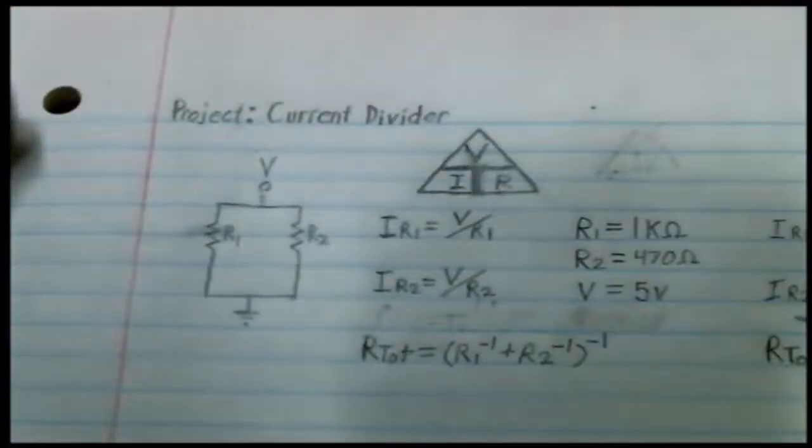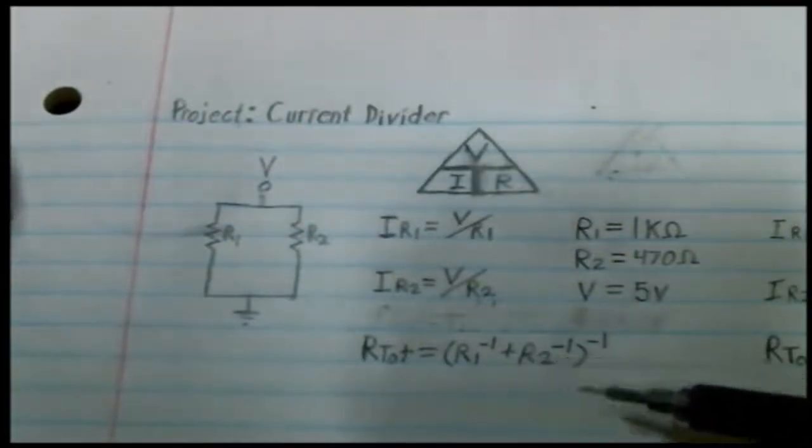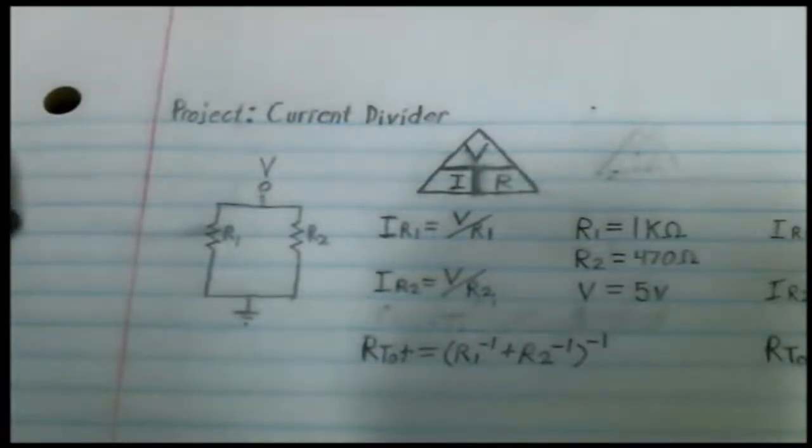So the way to calculate the equivalent resistance of the two resistors is the reciprocal of R1 plus the reciprocal of R2, and the sum of those two reciprocated. And the way to do that on a calculator is this.